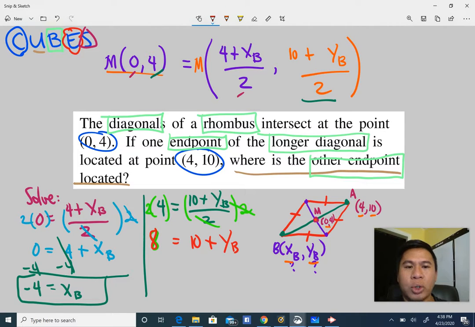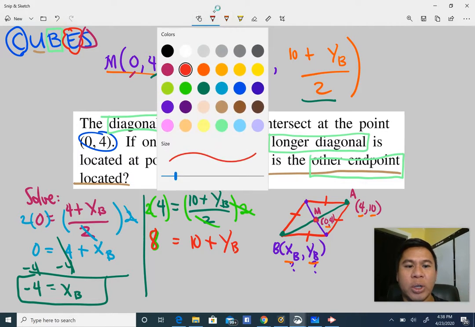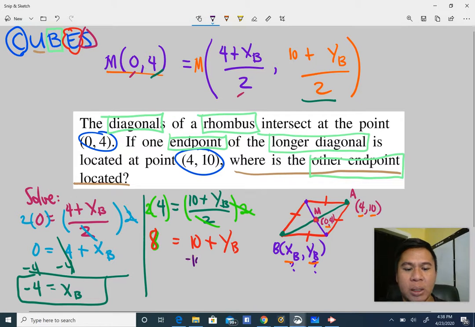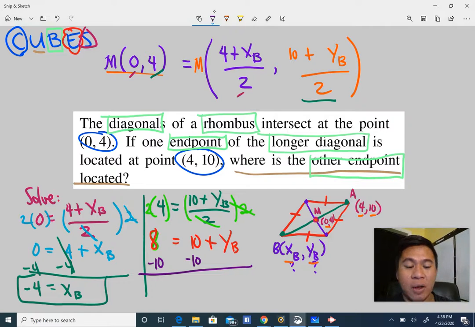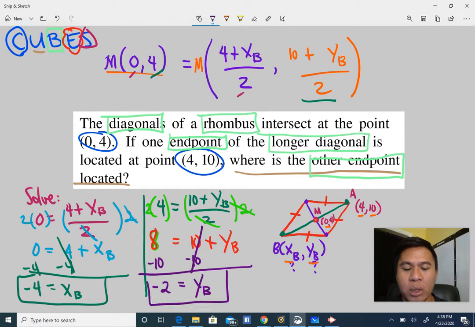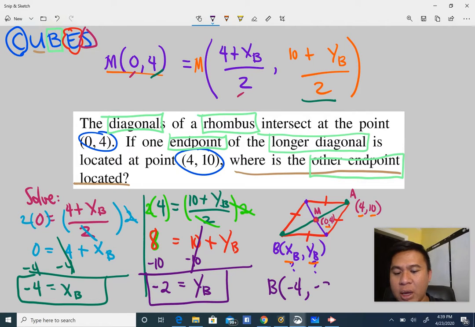And in order to solve for yb, I will simply subtract both sides in here by 10. With that being said, 8 minus 10 on the left will be negative 2. 10 minus 10 on the right will cancel out. Hence, I have my yb equals negative 2 in here, which means that the other endpoint will be located at point B, which is at point negative 4, negative 2 in here.